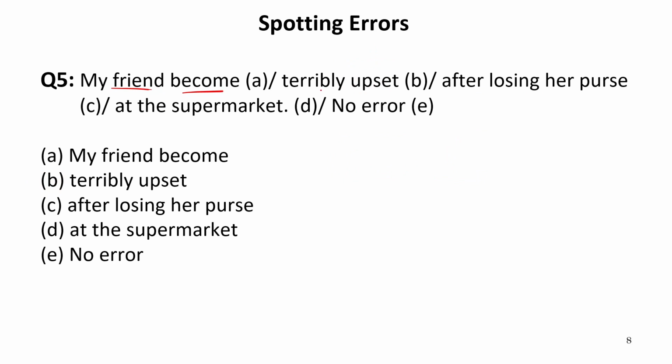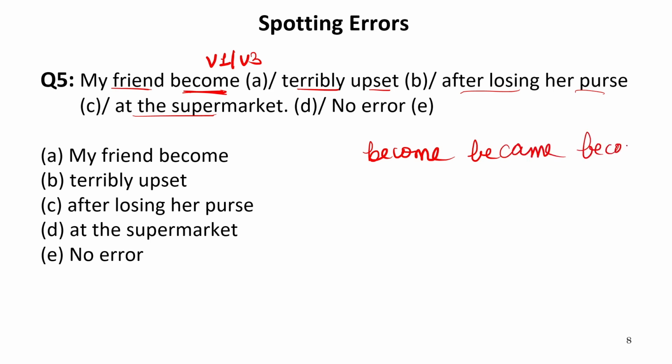My friend became terribly upset after losing her purse at the supermarket. Now, become is the verb first or verb third form. We write become, became, and become. So became is the second form and become is again the third form of the verb. My friend is a singular subject.